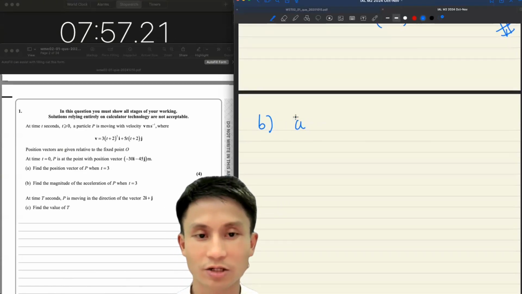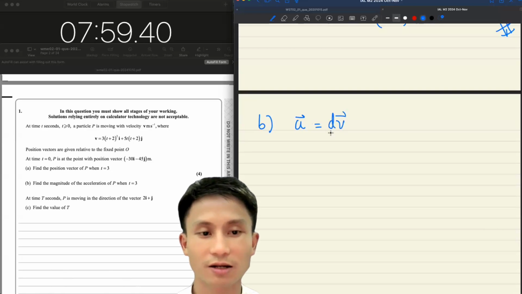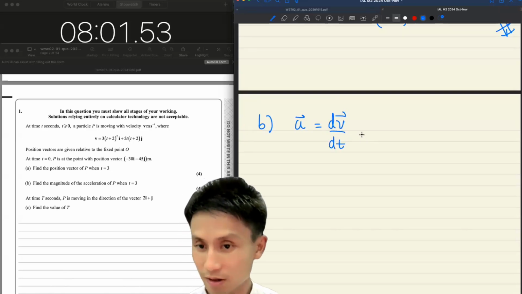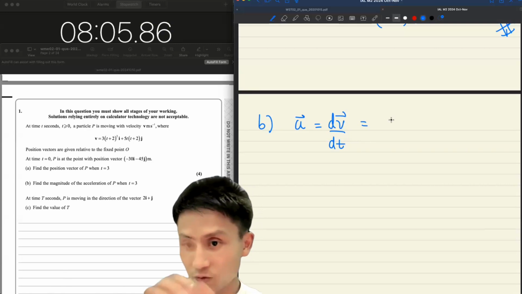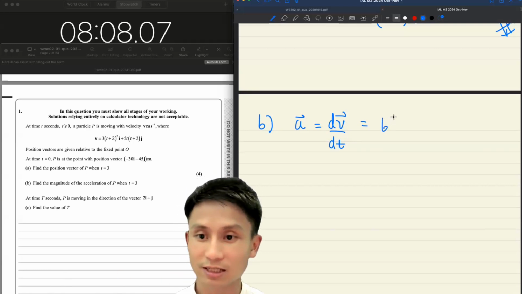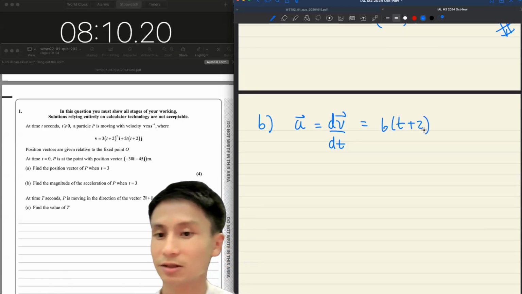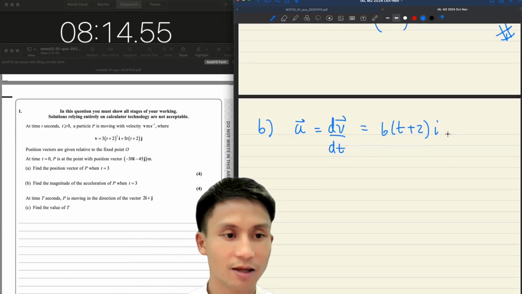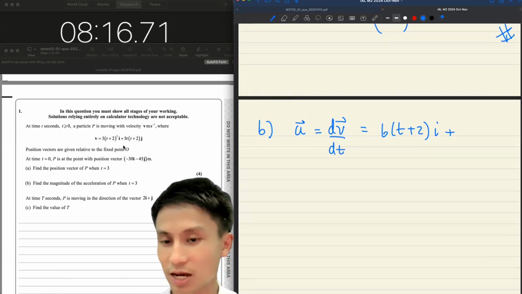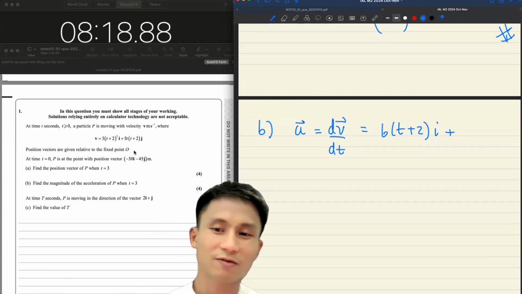Okay, so acceleration can be found by differentiating the velocity vector. So we're going to differentiate that. So if you move the 2 down, you get 6 and then (3t plus 2). All right, just that, because we can use chain rule there. So this is i, and then you have the plus j. So again, that is 5t squared.